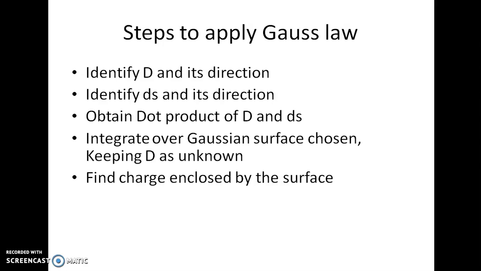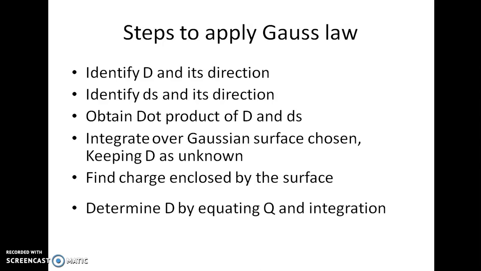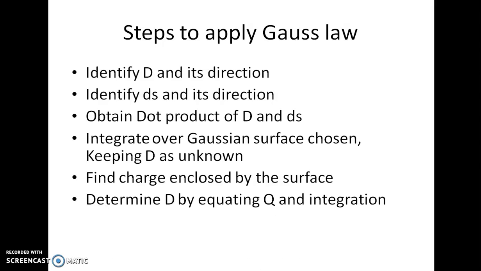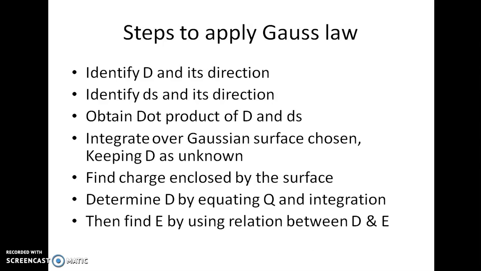Then determine D by equating the equation obtained from the integration over the Gaussian surface with the equation obtained from the charge. Once you determine D, you can obtain the equation for electric field intensity using the relation between E and D, that is E is equal to D by epsilon naught.